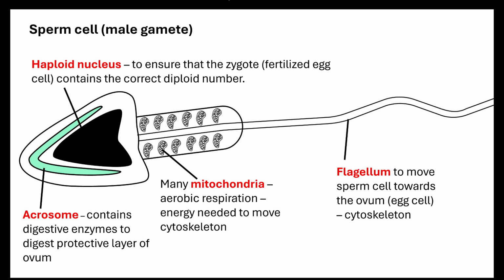So it's an advantage that the sperm cell has this acrosome. It's a necessary point to ensure that there is only the correct number of diploid chromosomes in the fertilized egg cell, the zygote, and not polyploidy where there would be more than that.